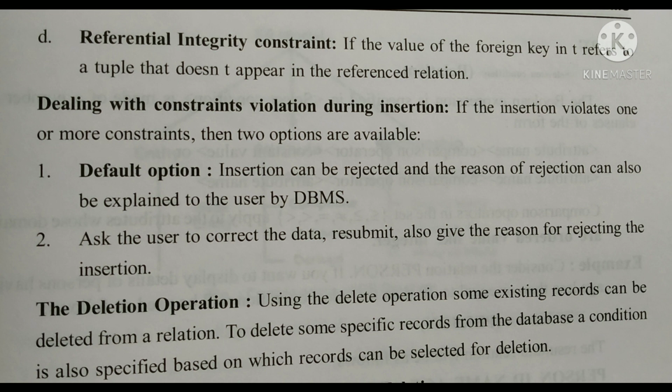For example, we have discussed two tables. The first one is relation 1, and the second is relation 2. In relation 1, A hash means the column A has tuples A1, A2, A3, A4, A5. Similarly B has B1, B2, B3, B4, with B1 repeated again.